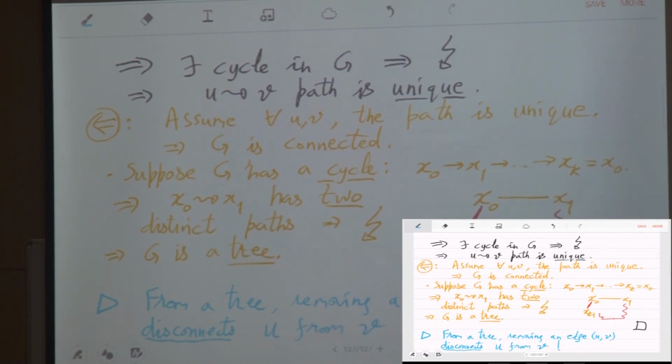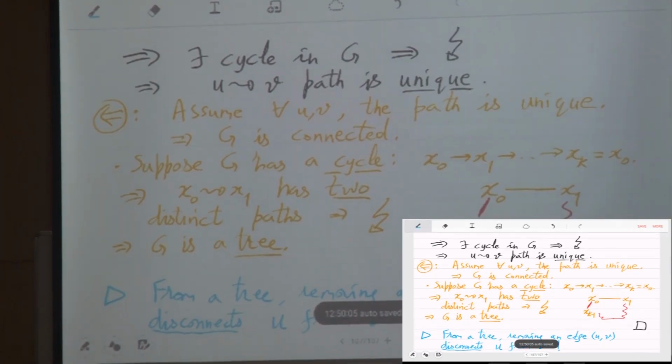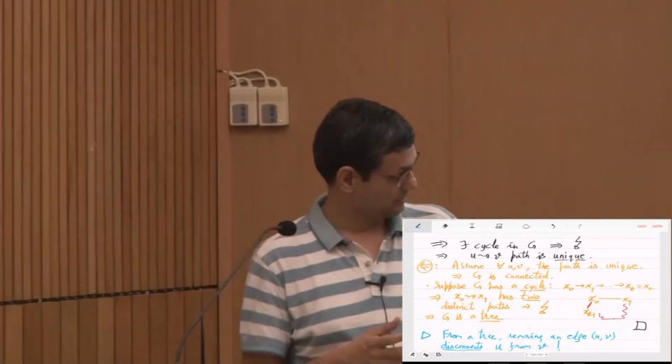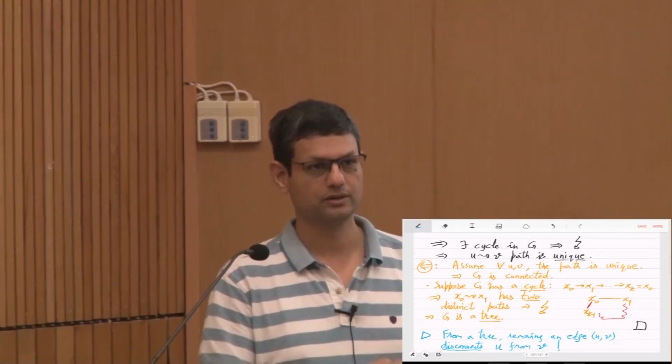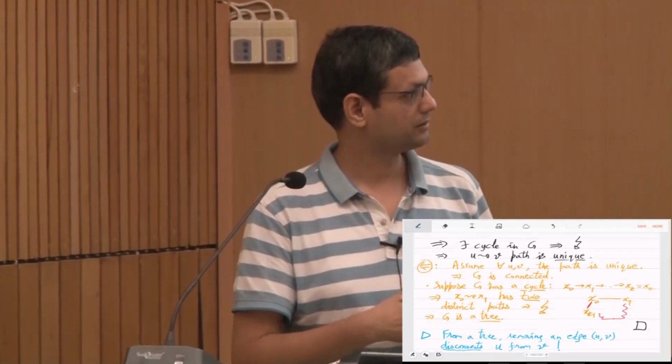Okay, so in particular, what can you say about the number of connected components? Is it 1, 2, 3 or more? No, yeah, in a tree it is 1, it's connected, but now when you remove edge U comma V, what happens? Yeah, then the connected components grow from 1 to exactly 2. So the first is the connected component of U, the other is the connected component of V, and there is no way to go from one to the other.